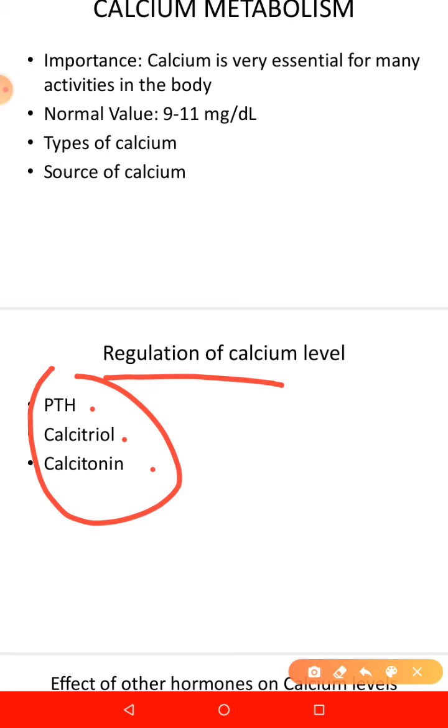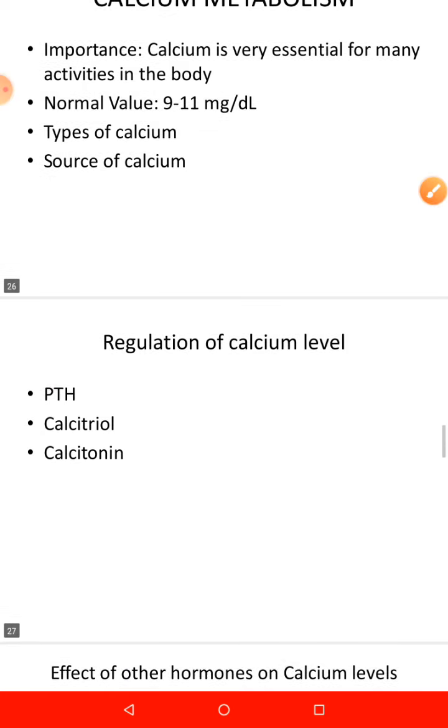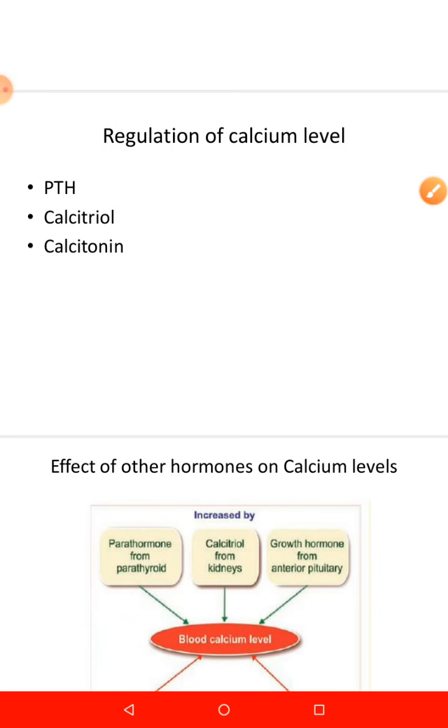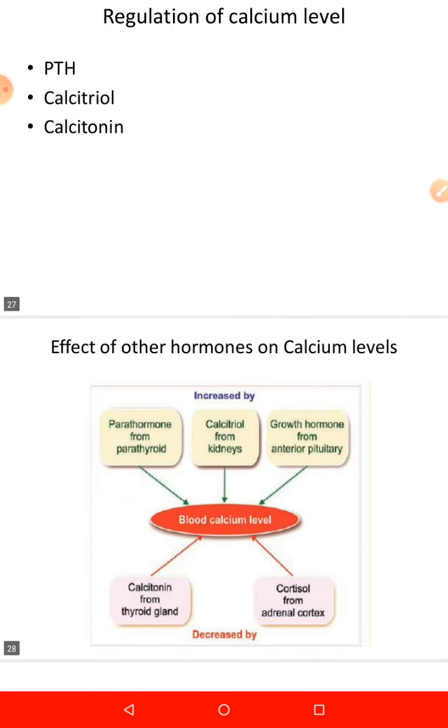So regulation of calcium is mainly by these three hormones: PTH, calcitriol, which we said is also called 1,25-dihydrocholecalciferol, and calcitonin. Although there are other hormones that somehow can influence the calcium levels in the body.